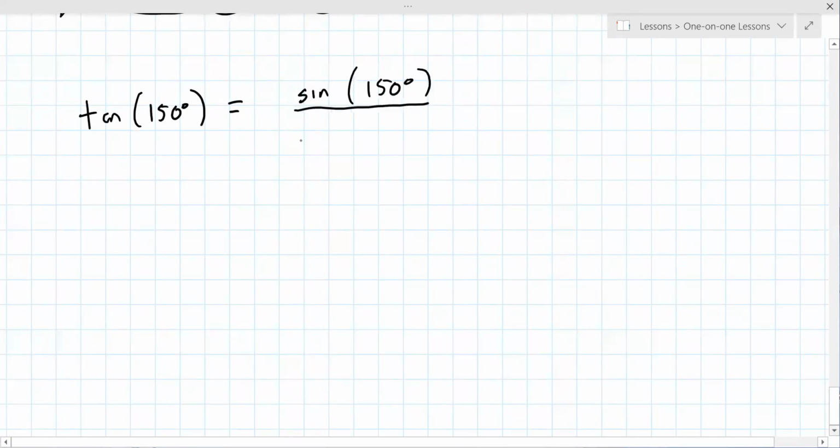All right, I'm there. So I want you to find the tangent of 150 degrees. The answer is not on the sheet, because you're beyond that. It's the sine of 150 over the cosine of 150, and those values are there.